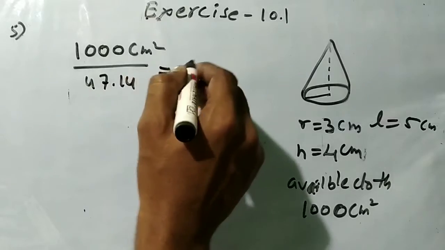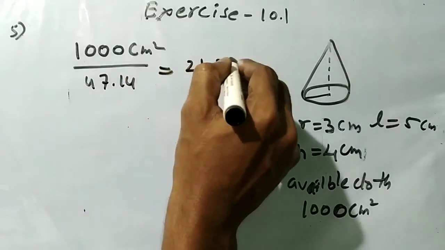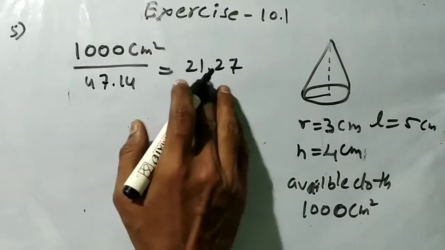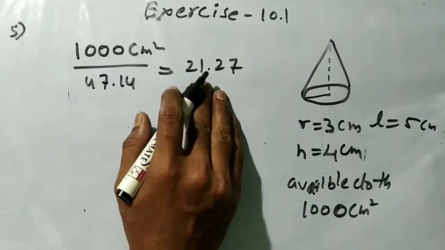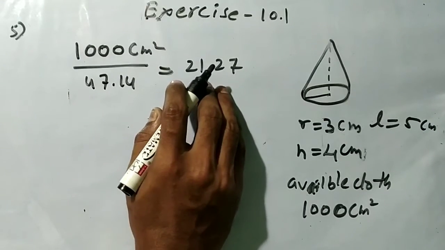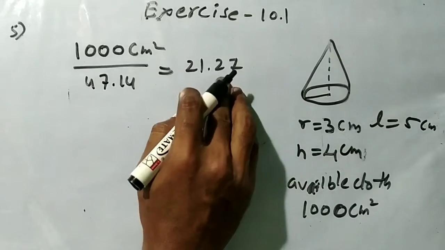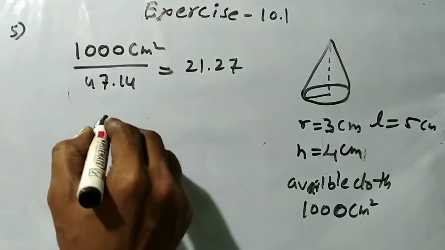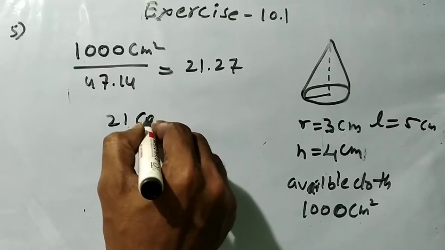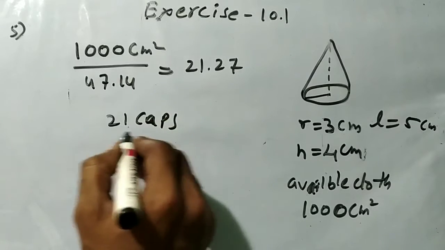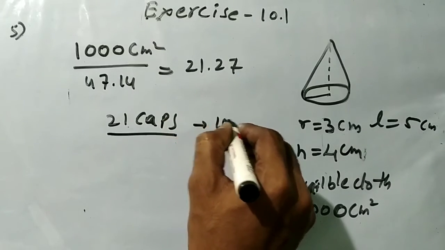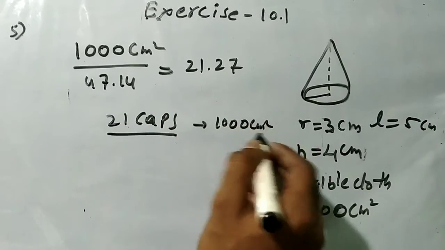So we get the value 21.27. So we cannot make a fraction of a cap. We can make 21 caps, 21 Joker caps in the 1000 centimeter square cloth.